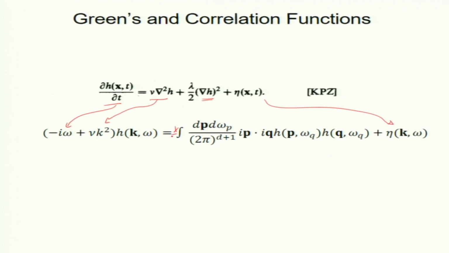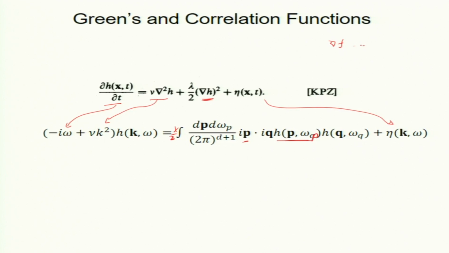So, I have lambda by 2 which is missing here, and the convolution: the product becomes a sum in Fourier space. So, this is h of p, omega p, and this is h of q, omega q. Omega is the frequency, so I have two different frequencies. So, this grad h gives you one p; gradient gives you a wave number.